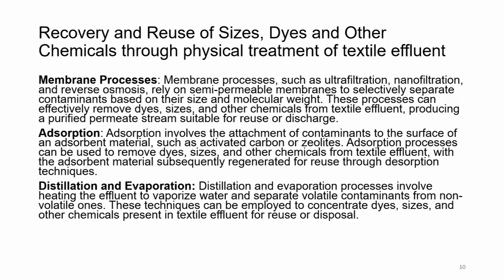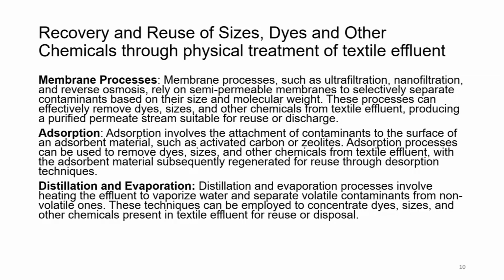Membrane processes. Membrane processes such as ultrafiltration, nanofiltration and reverse osmosis rely on semi-permeable membranes to selectively separate contaminants based on their size and molecular weight. These processes can effectively remove dyes, sizes and other chemicals from textile effluent, producing a purified permeate stream suitable for reuse and discharge.